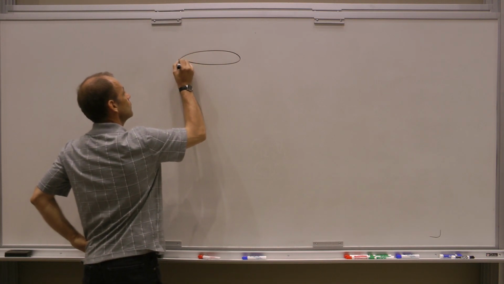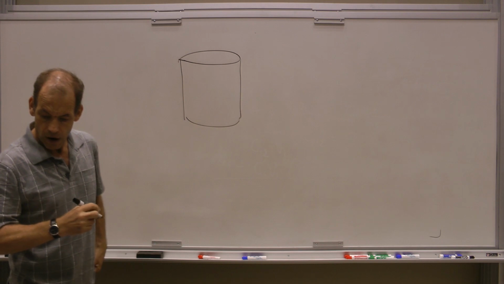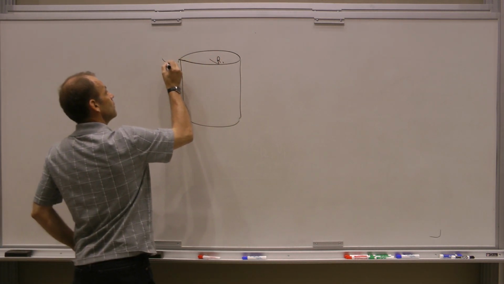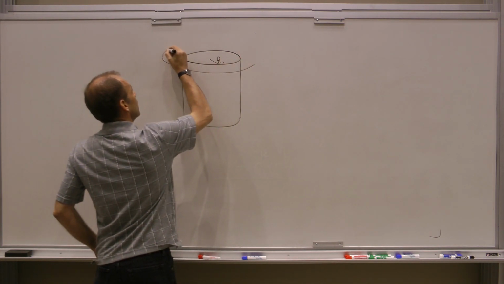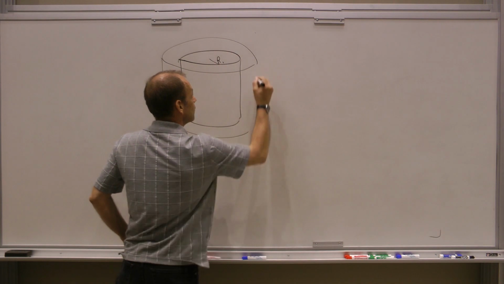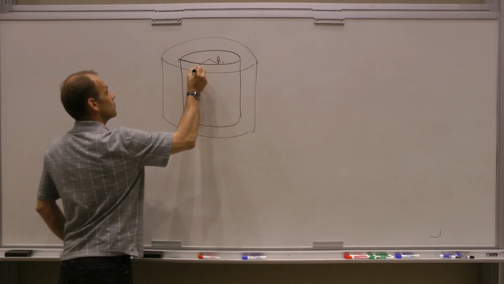Here's an inner cylinder, which has a radius of R1, and I'm surrounding it by an outer metal cylinder, concentric with the inner cylinder, and it would have a radius of R2.